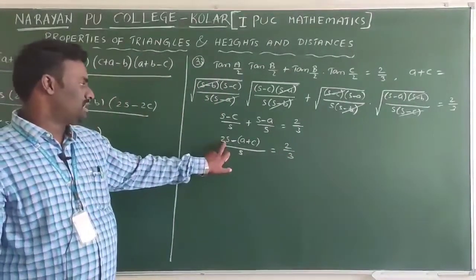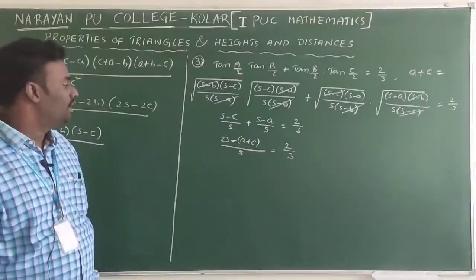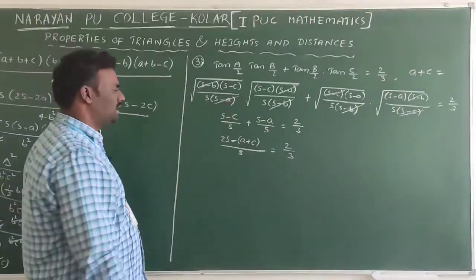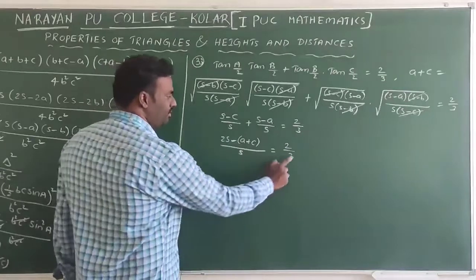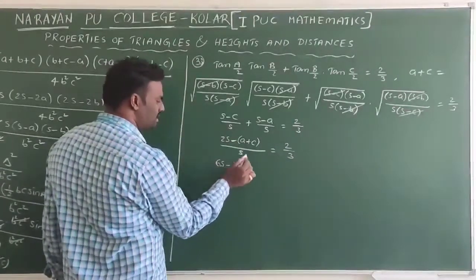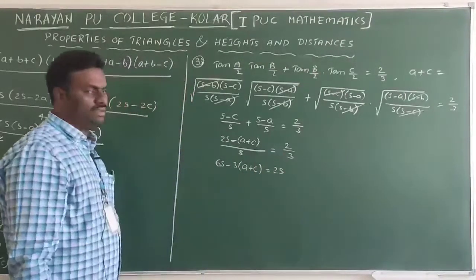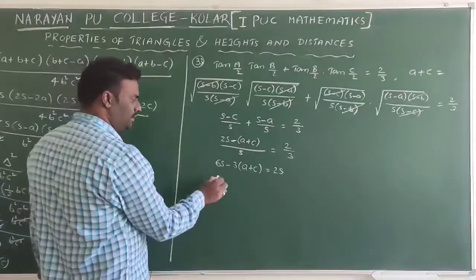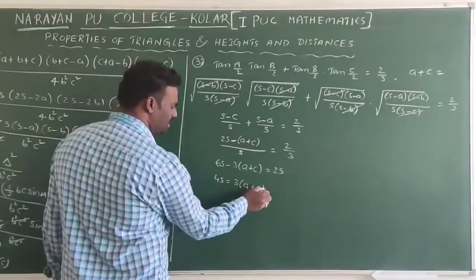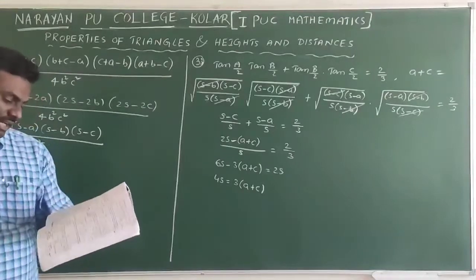In place of this 2S, I can write A plus B plus C. If you write A plus B plus C, A and C get cancelled, or otherwise you can cross multiply. 3 into 2S, 6S minus 3 into A plus C, that equals 2S. Now if you send this side, 4S is equal to 3 into A plus C.